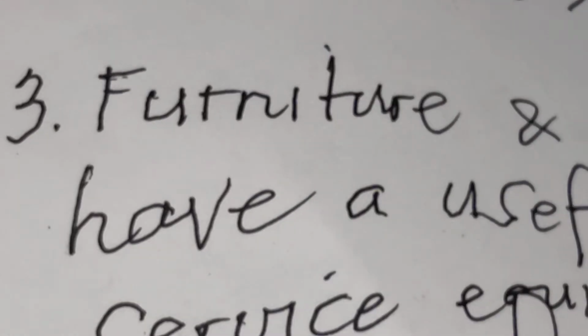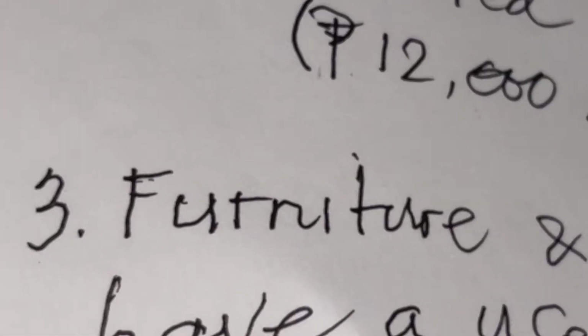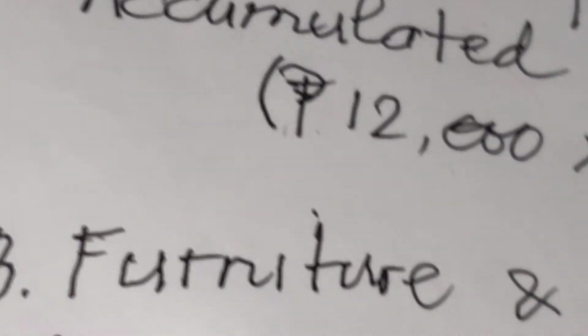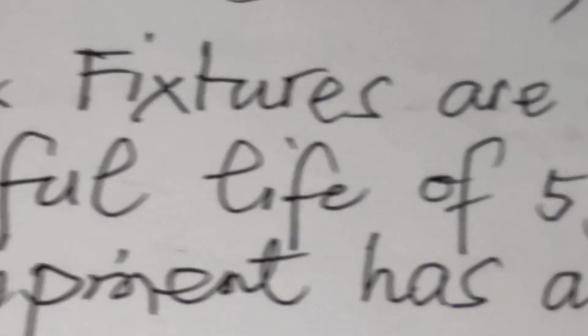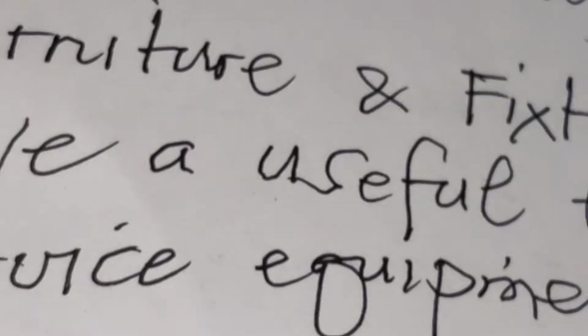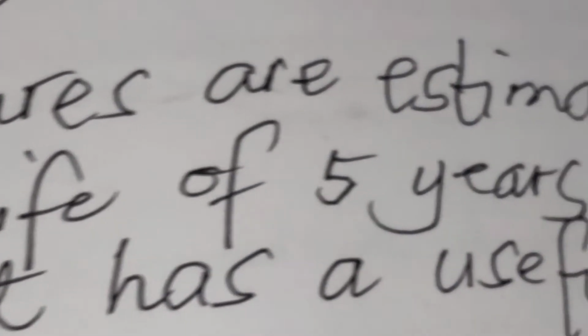Next. Number 3. Furniture and fixtures are estimated to have a useful life of 5 years, while service equipment has a useful life of 10 years.